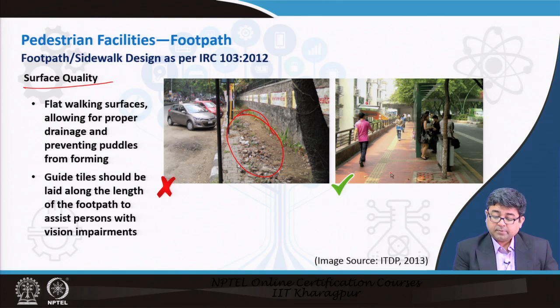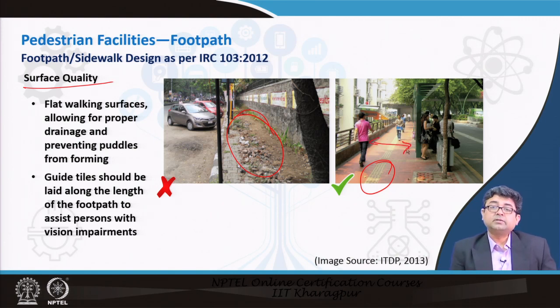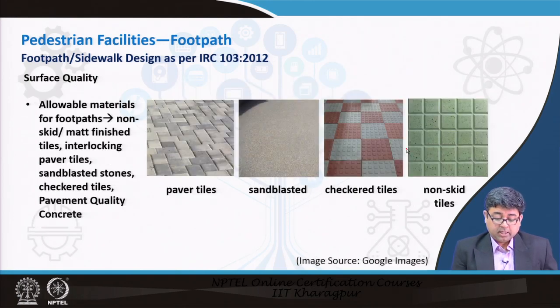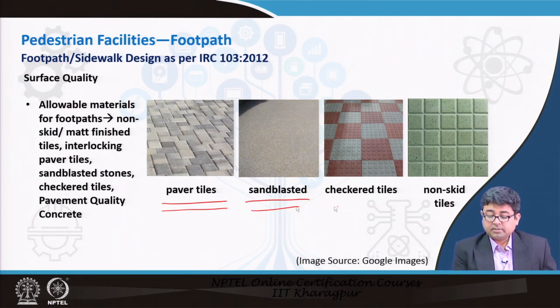So, when you are developing any surface quality, you have to have your universal accessible design, and you have to make sure that there is a clear space for pedestrians to walk along the footpath. Surface quality, when we talk about, we either look at paver tiles, sandblasted checkered tiles, or non-skid tiles.